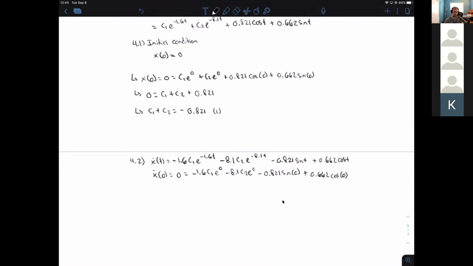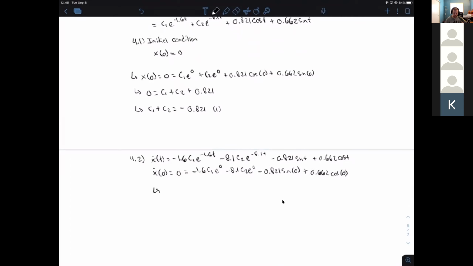Let's simplify. Again, I write out a lot of my steps just so it's very explicit. 0 equals minus 1.6 c1 minus 8.1 c2. And then sine of 0, that's going to go away. And then we're left with plus 0.662.